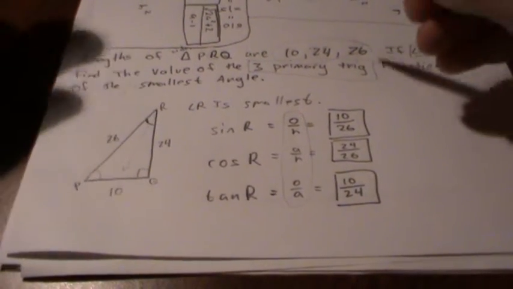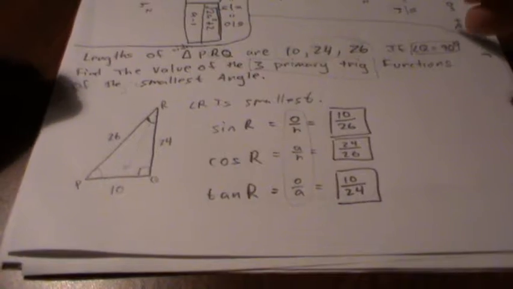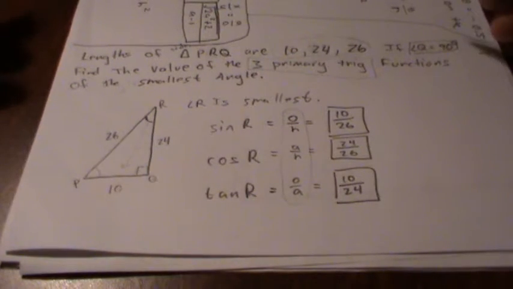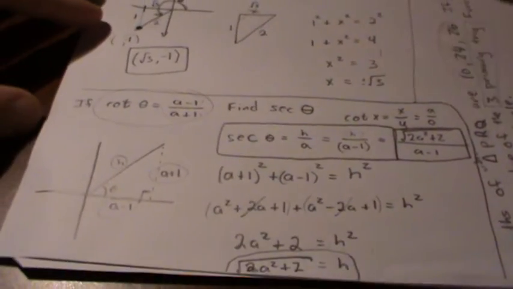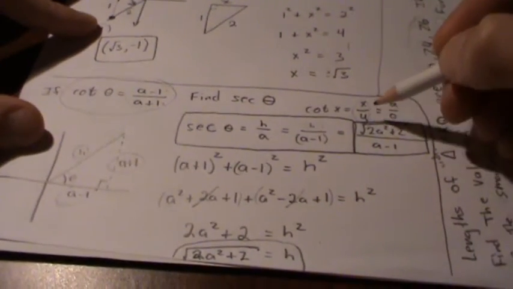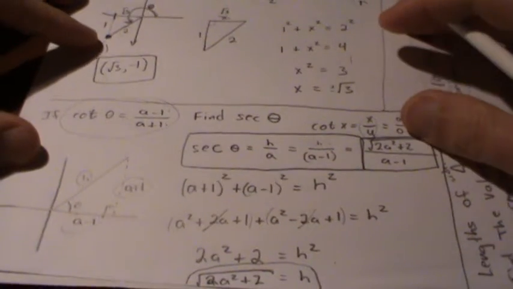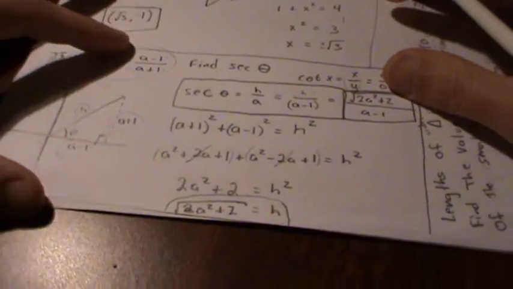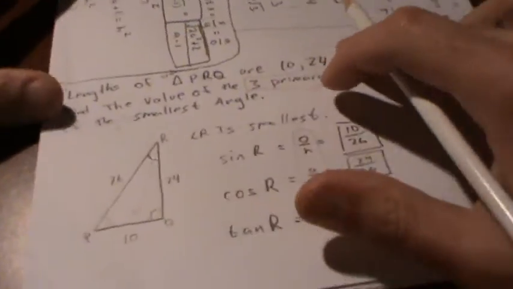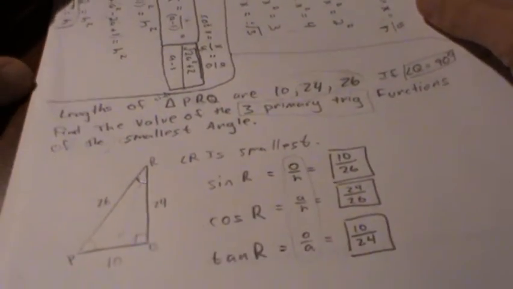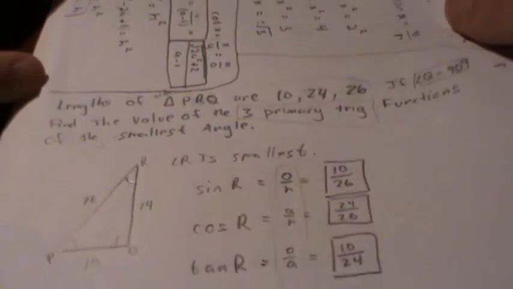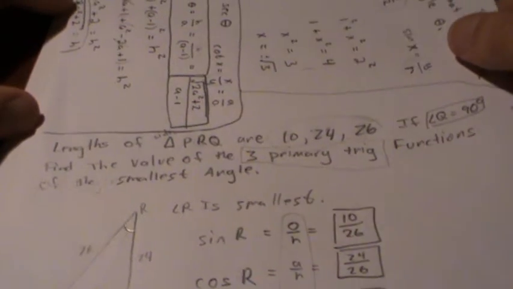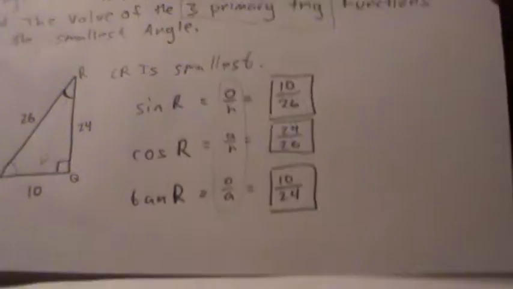Then in some of the questions, like the ones that we did just a little while ago, you want to use the x and y definitions for sine, cosine, and tangent. You should be aware that they're both valid, and some are more convenient than others depending on what the question is asking. So there's that.